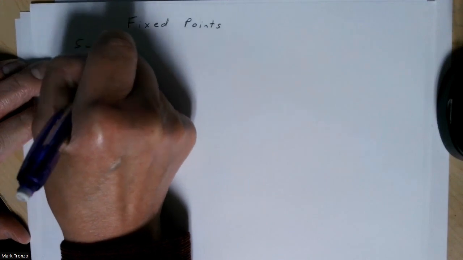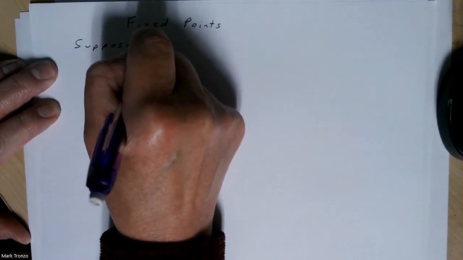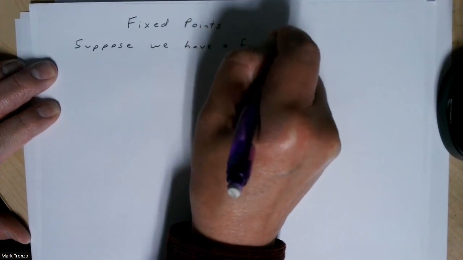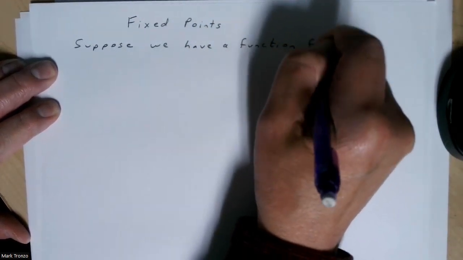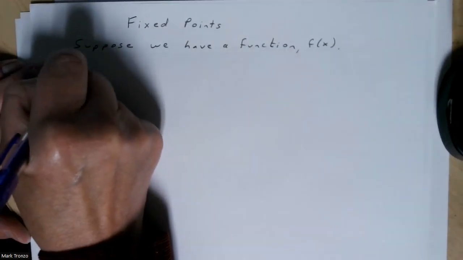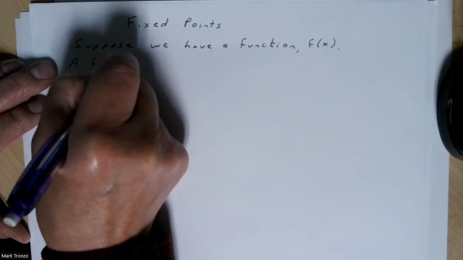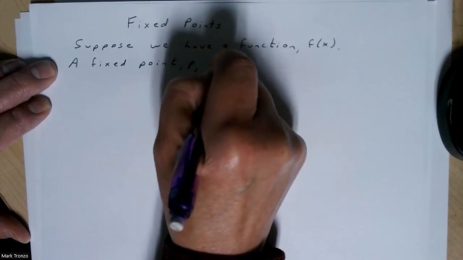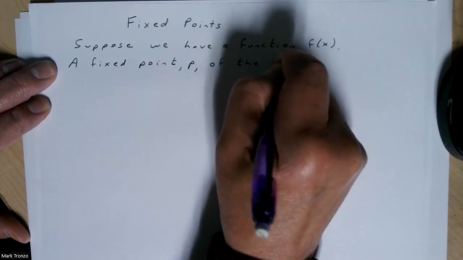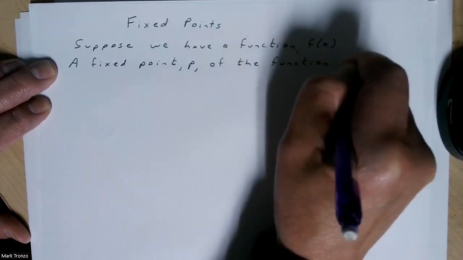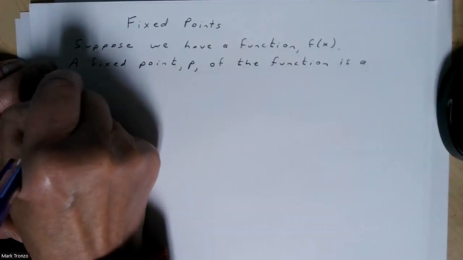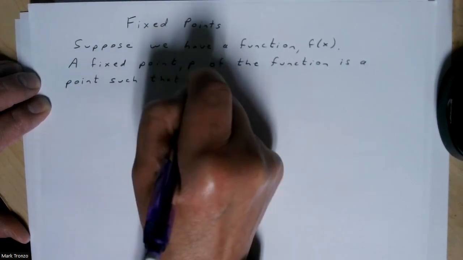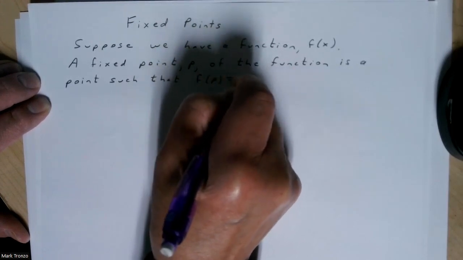Suppose we have a function, say f of x. A fixed point, say, let's call it p, of the function is a point such that f of p is equal to p.